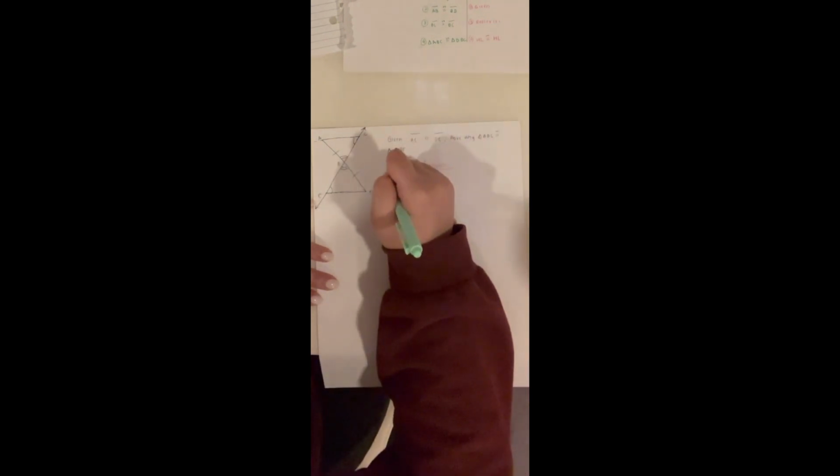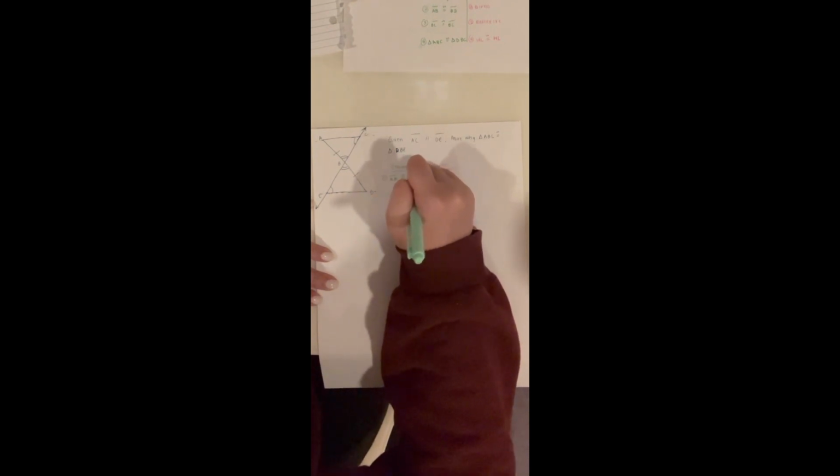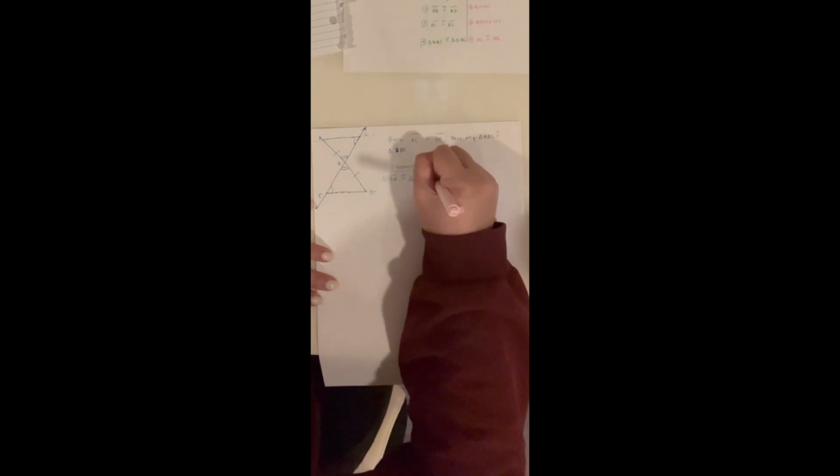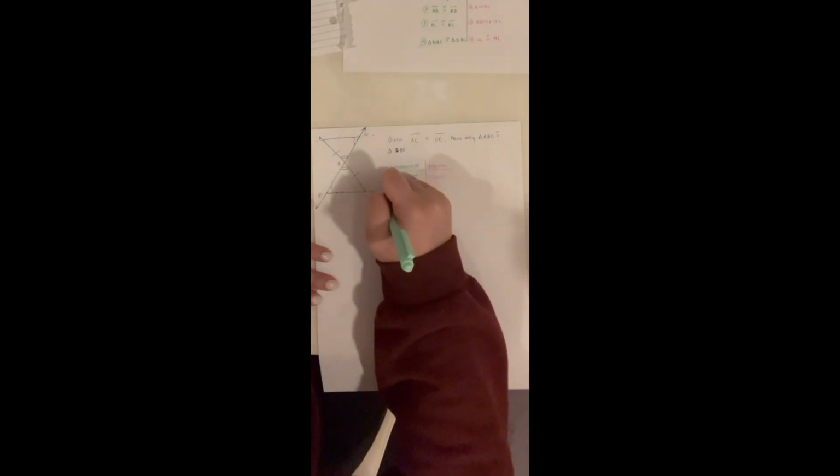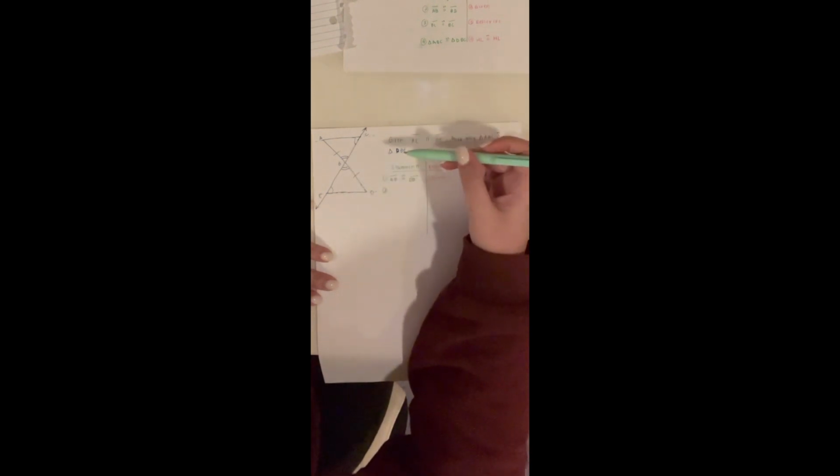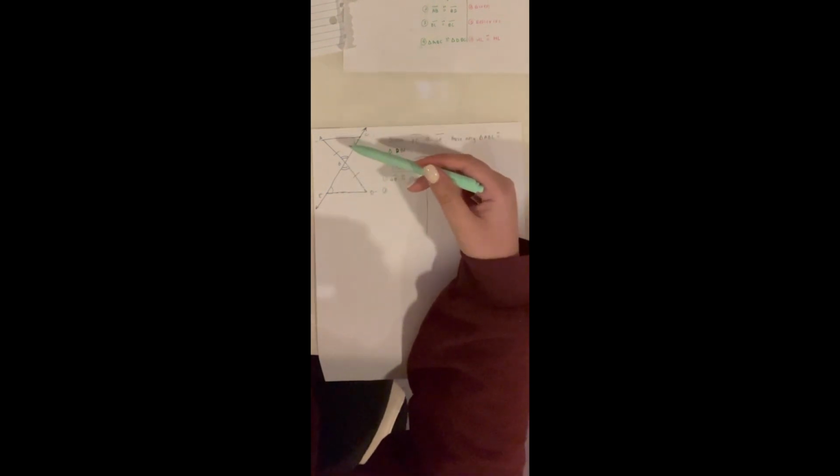First we're going to list what we were given. We were given that line segment AB is congruent to line segment DB, and again, that was just given to us. Then we were given that line segment AC is parallel to DE, and from there we were able to see that the alternate interior angles of parallel lines are congruent.